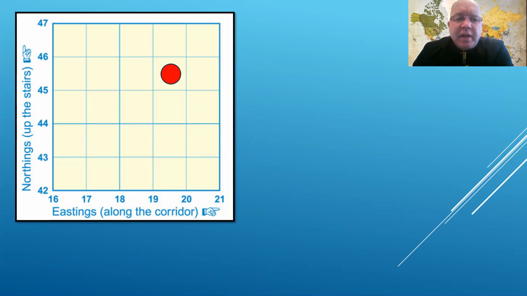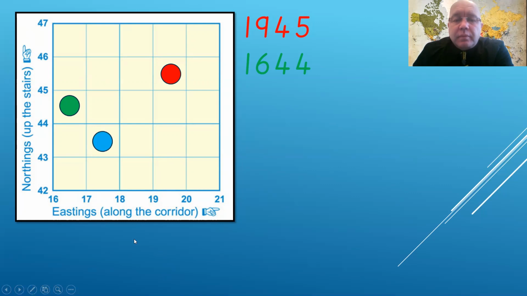Give you a second to think. Yeah, 1945. So it's 19 on the easting and 45 on the northing. The green one? Well done, 1644. Good. And one more, the blue. Yeah, 1743. So just a reminder there of 4-figure grid references.